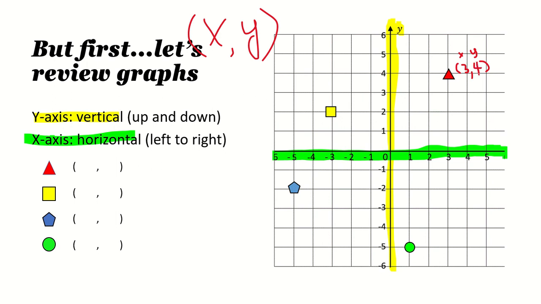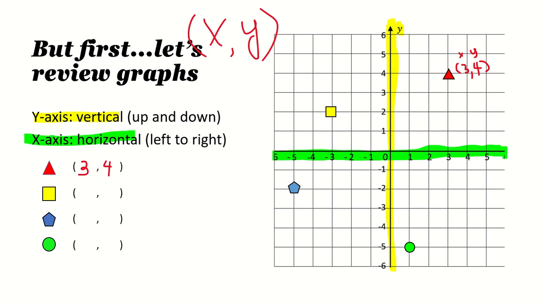So this triangle is at the point 3 comma 4. If you accidentally put the y first, that is a completely different point. That would be 4, 3. That would be right here somewhere. You see, that's different. You're off. So you have to do x comma y.